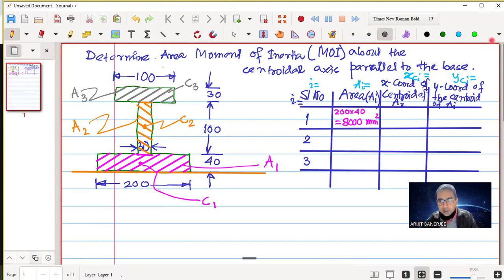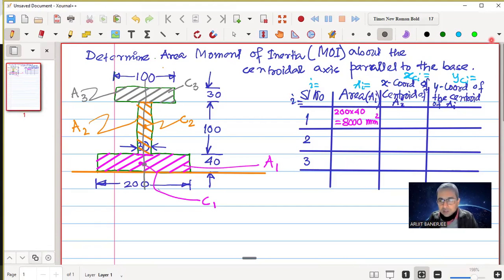Okay, first let us identify all the corresponding values for I equal to 1. So xci is where? Say if I consider this is the axis, then it will be on the center line itself.